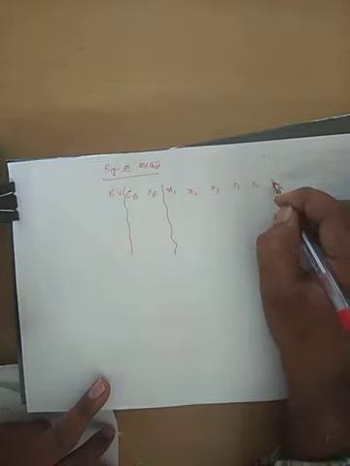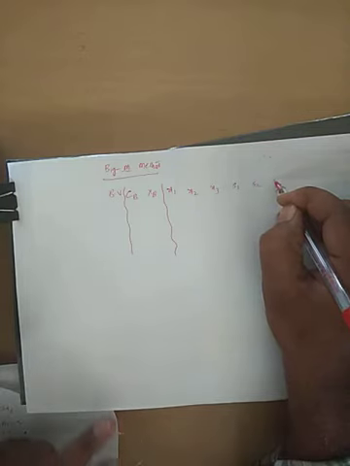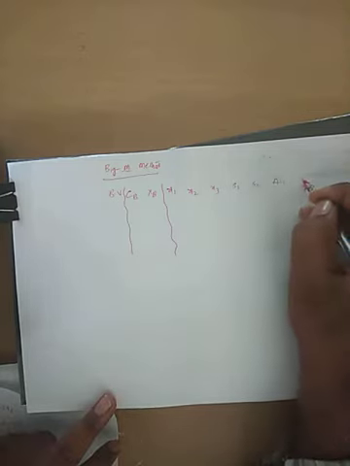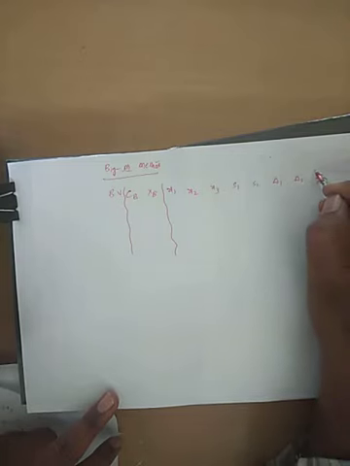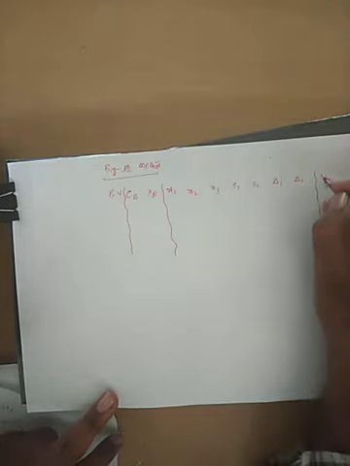What are the artificial variables? a1, a2. Now after that, what do you get here? That very important ratio, the min ratio.